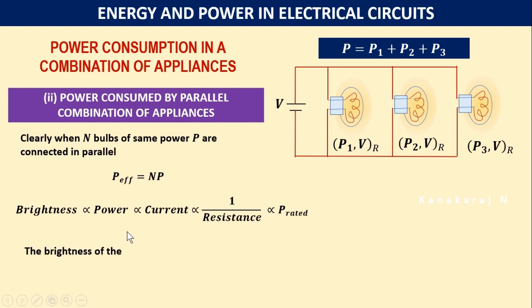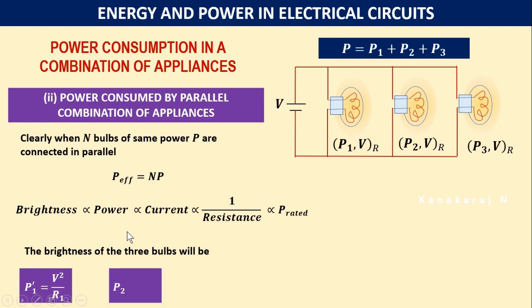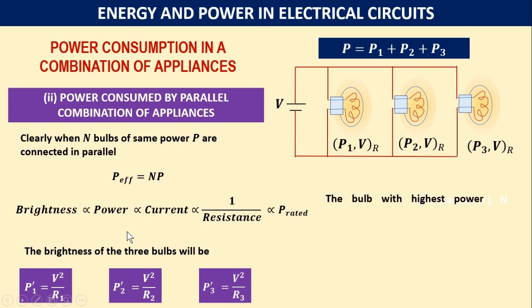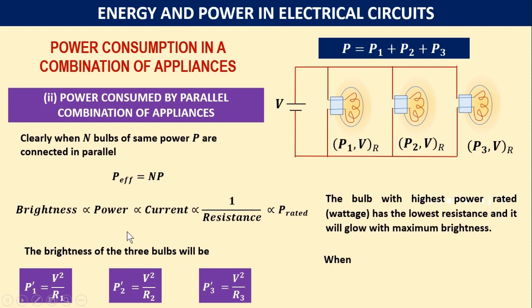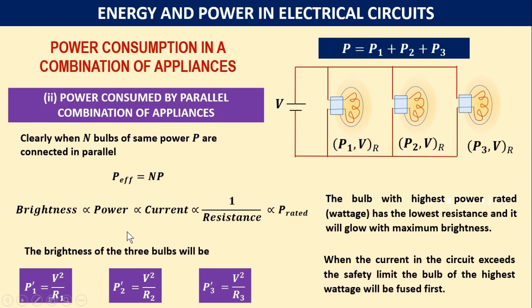So the brightness of the three bulbs will be P1 prime equals V square by R1, P2 prime equals V square by R2, P3 prime equals V square upon R3. So the bulb with the highest power rating has the lowest resistance and it will glow with maximum brightness. When the current in the circuit exceeds the safety limit, the bulb of the highest power rating will fuse first.